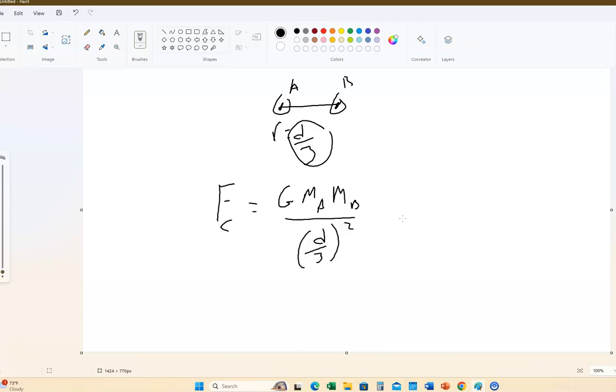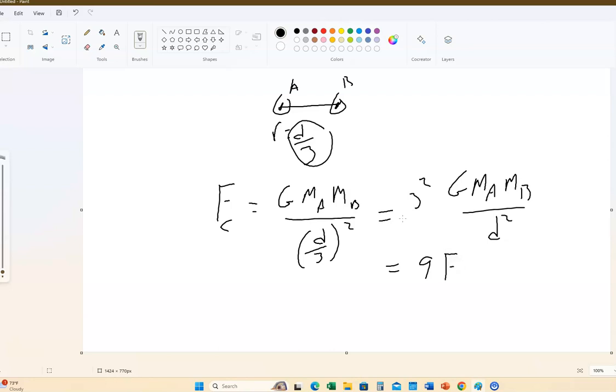And so now if you look at this, you've got a fraction divided by a fraction, and so this becomes 3 squared times G times MA times MB divided by D squared, right? So in other words, this now becomes 9 times the original force, right?